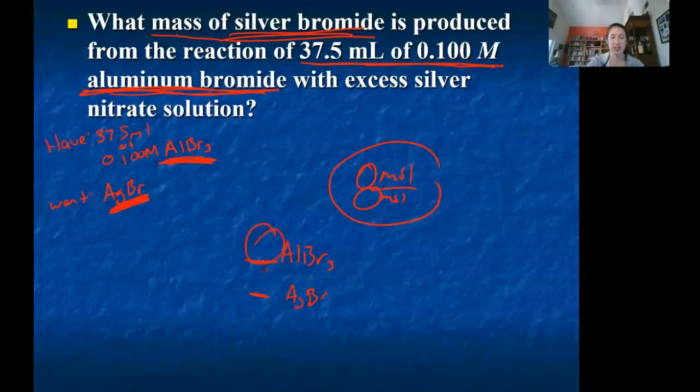We need to figure out what numbers these are. How do I find out what numbers those are? What do we have to do? Any ideas? Balance. Yeah, we need a balanced chemical equation here.